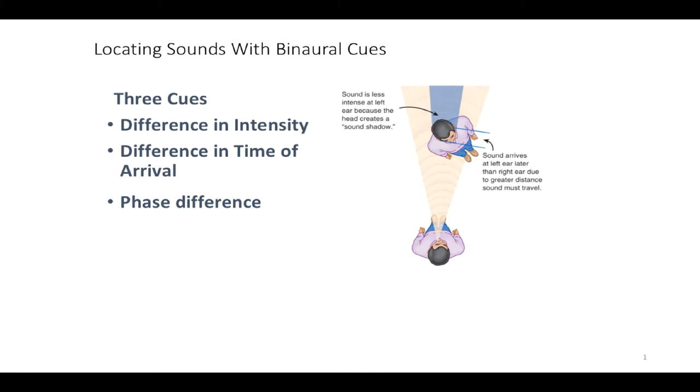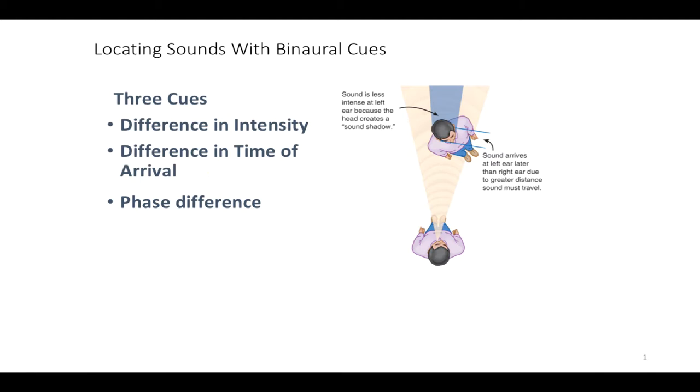It's just a tiny difference. And so the auditory system is really good at detecting small differences in the timing of sounds, and as a result, it can tell that the sound arrives at this ear, the right ear, just a little bit sooner than it arrives at the left ear, and that creates a difference in time of arrival.